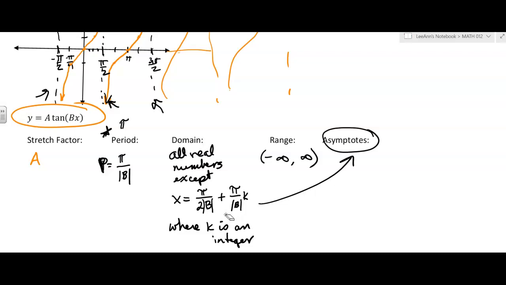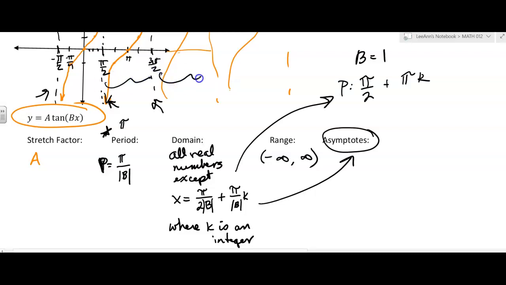Maybe I can explain this a little. This is kind of a long video, but I'll try to explain a little bit better. Let's say b equals 1. Then you have pi over 2. For the asymptote, pi over 2 plus pi times k. Now, if you think of that, you're just adding a pi every time. So here I'm adding 1 pi, and then I'd be adding the next pi, and I could subtract the pi if I had k being negative 1.